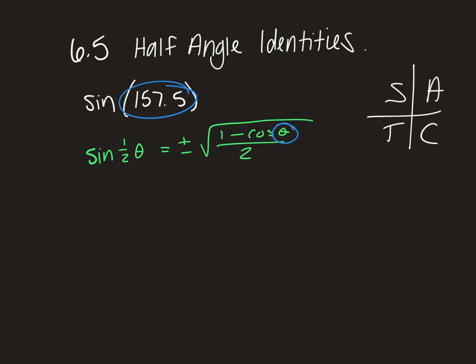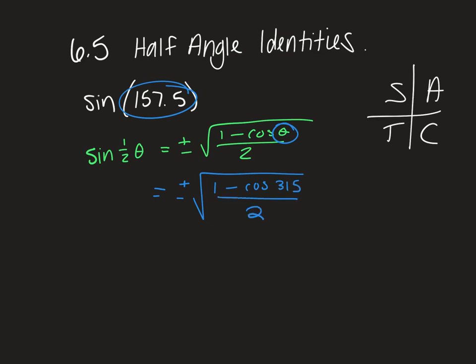So 157.5 times 2 is 315. That's what theta is. So that means we're going to plug in 315. So we're doing plus or minus the square root of 1 minus cosine of 315 over 2.